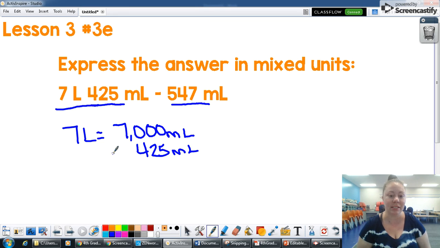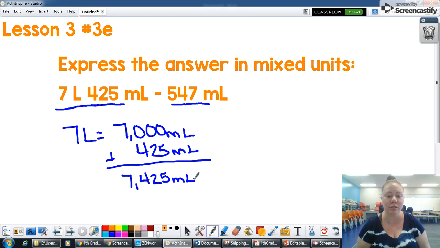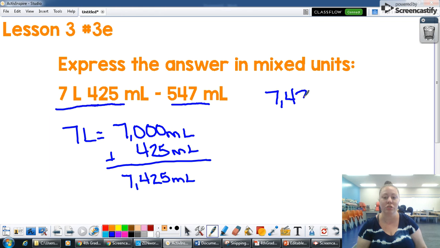So when I add that together, 7 liters and 425 milliliters is just the same as 7,425 milliliters. Now I'm going to subtract that 547 milliliters. So let me write that up and down. So 7,425 minus 547.